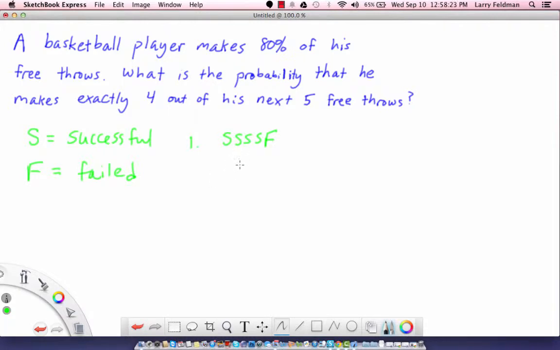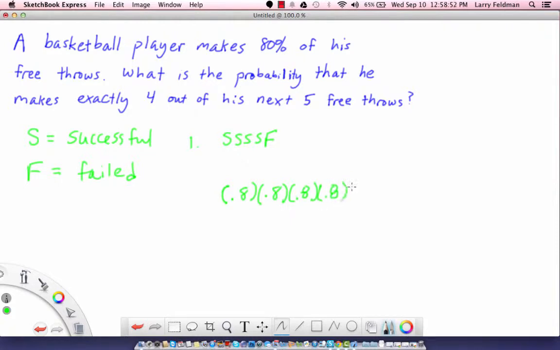Well, these are independent events. In other words, the probability that he makes, I've got coins on the brain here. The probability that he makes his first free throw is 80%, or 0.8. The probability of making his second is 80%. Third, same thing. Fourth, same thing.